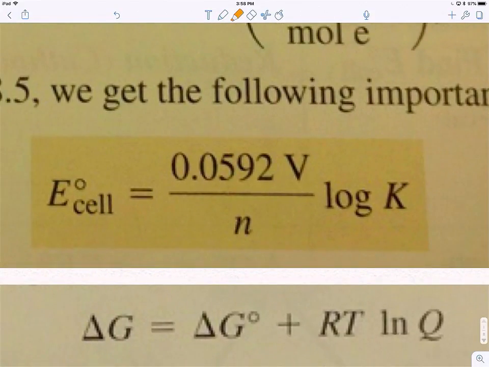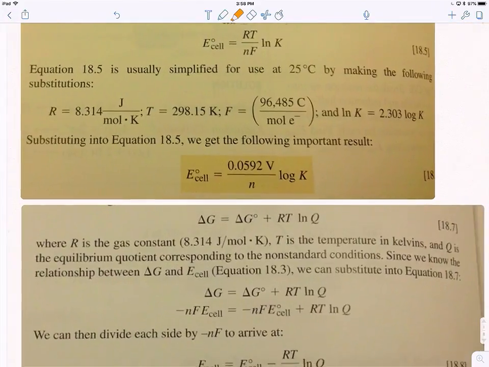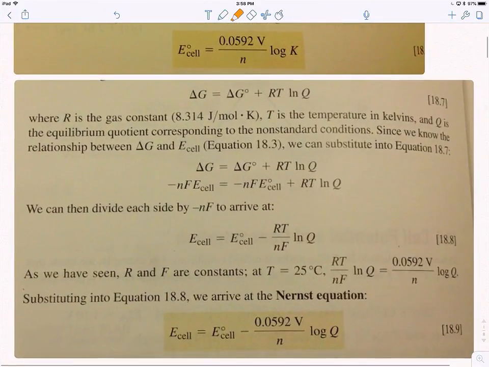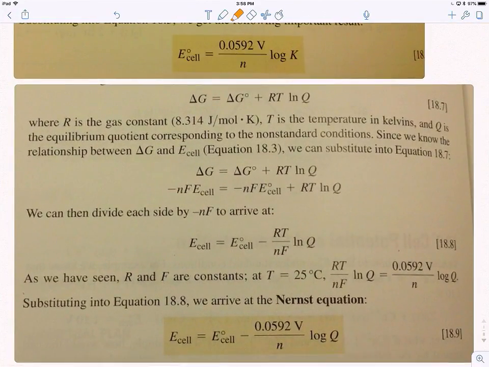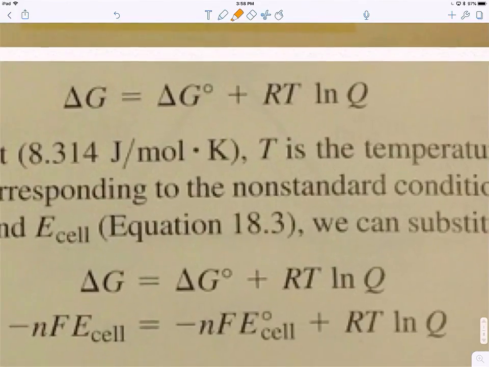E0 cell is 0.0592 volts over n, the number of moles of electrons, times the log base 10 of the equilibrium constant. And another equation: delta G is delta G0 plus RT ln Q. You remember that from last chapter too.